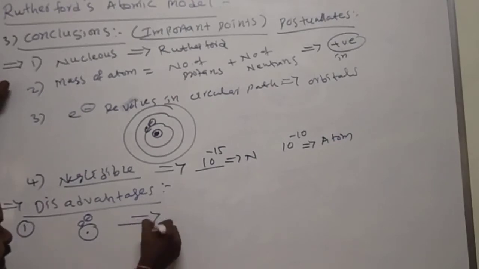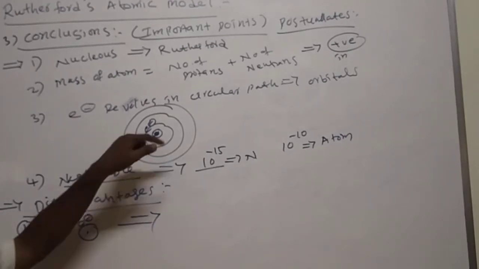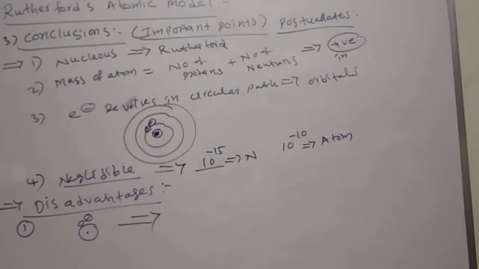But this does not happen when an electron revolves around the nucleus, and this theory fails to explain this concept.